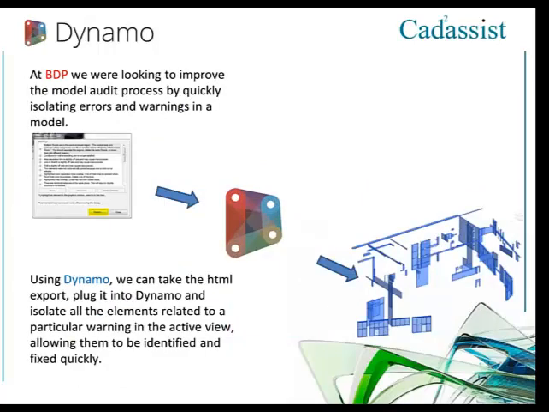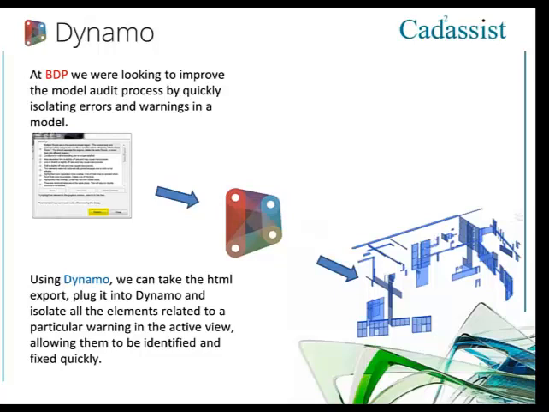Now this is another very clever application of Dynamo. BDP are looking for ways to improve the way that they audit models, and they needed to quickly isolate errors and fix them.